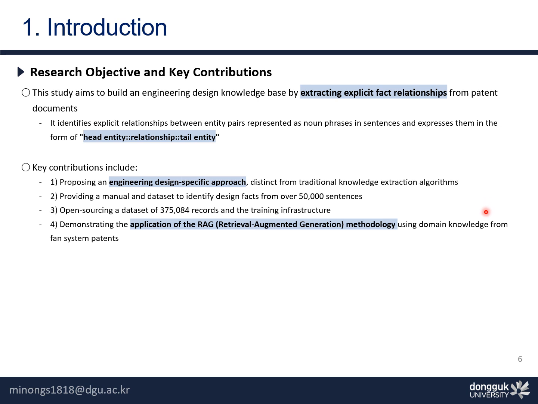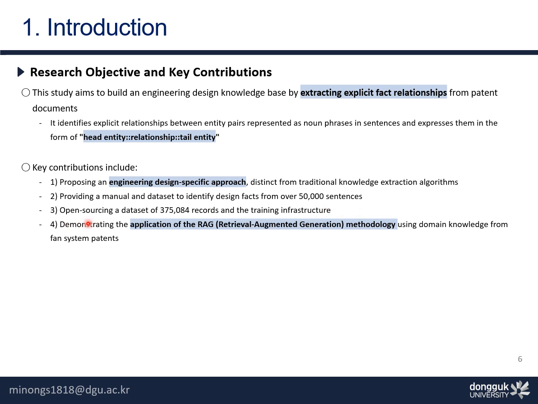The key contributions include proposing an engineering design specific approach distinct from traditional knowledge extraction algorithms, and providing a manual and dataset for identifying design facts in over 50,000 sentences.